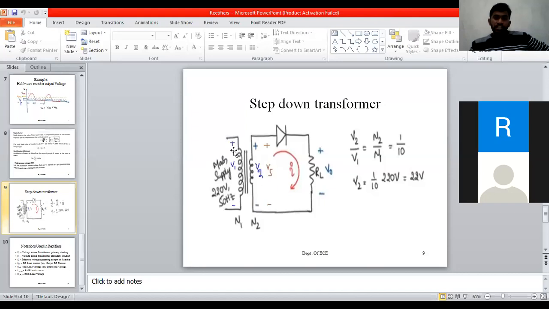The number of turns in the primary winding is represented by N1, and the number of turns or coils in the secondary is given by N2. The relationship between all these is given by the turns ratio of the transformer: V2 by V1 equals N2 by N1.